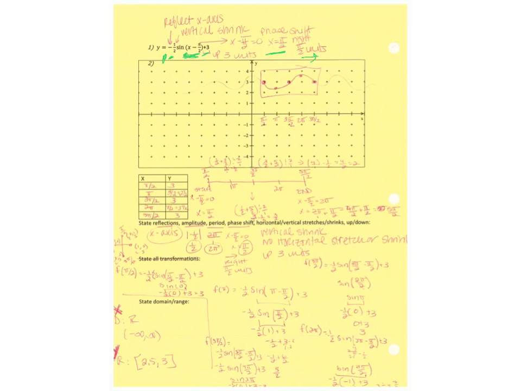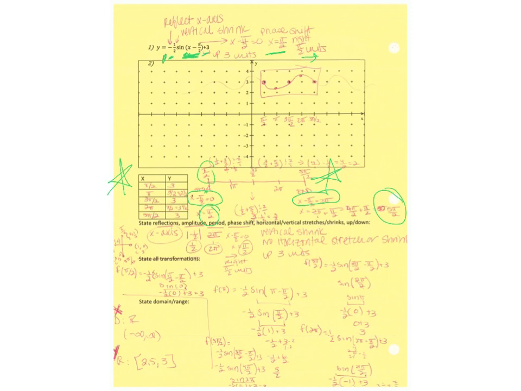So again, to graph, find the critical values. This is what is super important. Set what is beside sine, what's in the parentheses, equal to 0, and then set it equal to 2 pi. And when you solve, you get pi over 2, and you get 5 pi over 2.